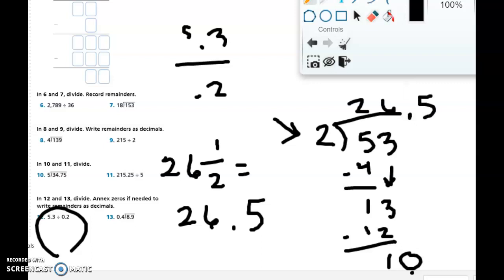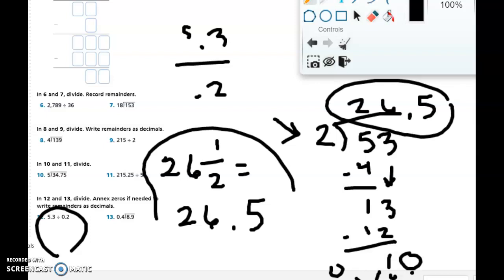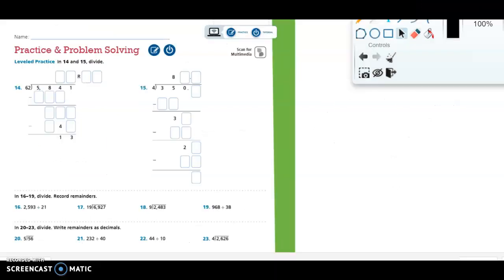There are 5 groups of 2 in 10, and 5 times 2 is 10, so I end up with a 0 remainder. There's my decimal. It's a terminating decimal, and now I have it written here as 26 1/2 and also as 26 5/10 as a decimal.